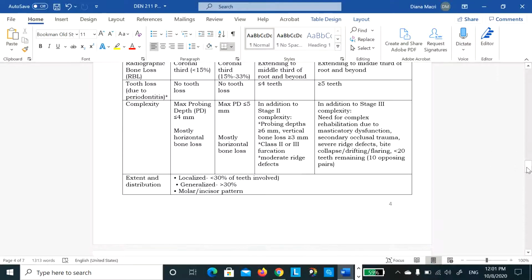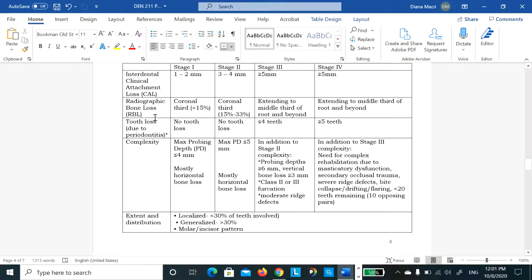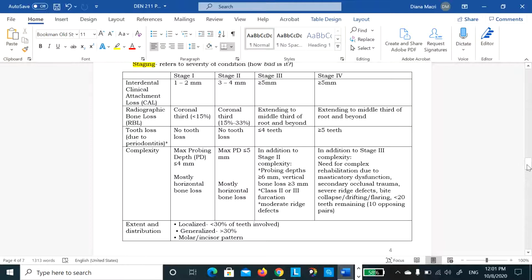Okay, and then the next one is kind of the hardest one to understand, and it involves complexity. Okay, and complexity means that there are other factors that we need to consider when we're putting our patients into these stages. So stage 1, if my patient has less than 4 millimeters periodontal probing, now I can really just rely on my periodontal probing, then he really belongs in stage 1.